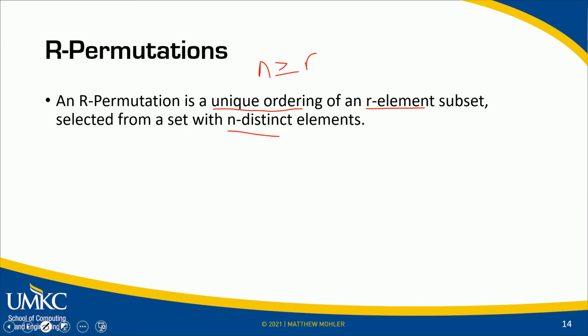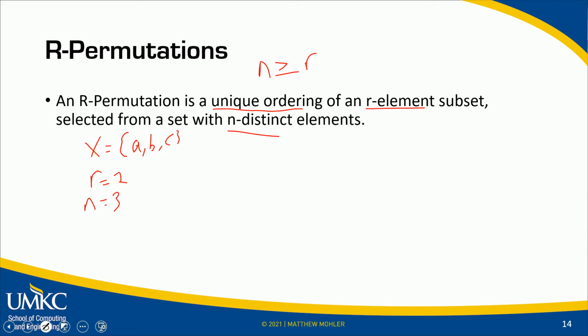So to look at this, let's say that we have a set that is called X, and X has 3 elements in it, and those are going to be A, B, and C. And let's say that we are trying to create an R permutation where R is equal to 2. And again, these are the unique orderings. And what we'll find is, just looking at X real quick, we'll say that n is equal to 3 as well.